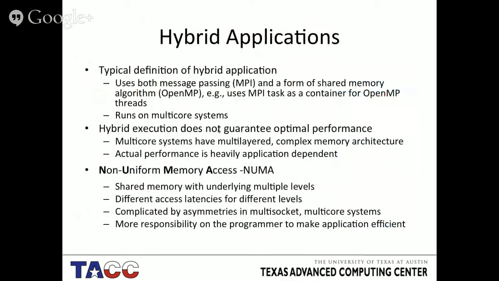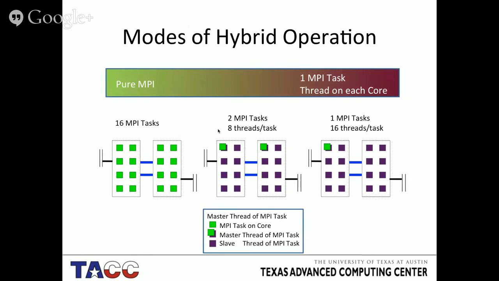And of course, that makes life a little bit more complicated. Not so much when you're using all the cores on a node, but when you're using fewer of the cores on a node for each process, or you are doing hybrid. That's when it starts to make much more sense to worry about this.